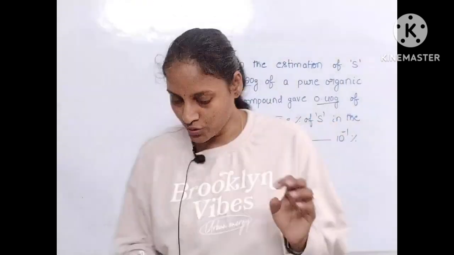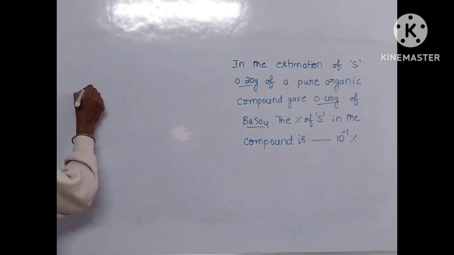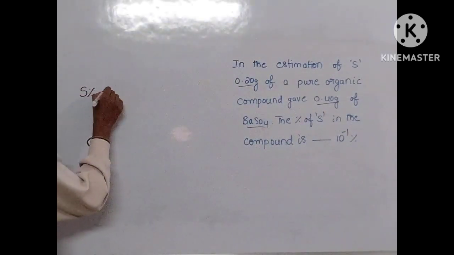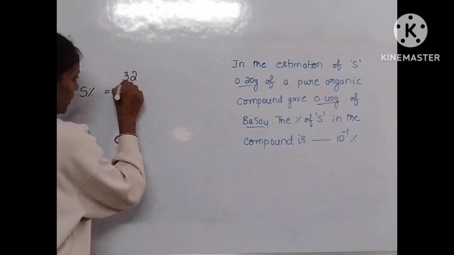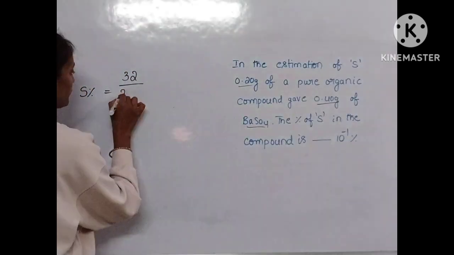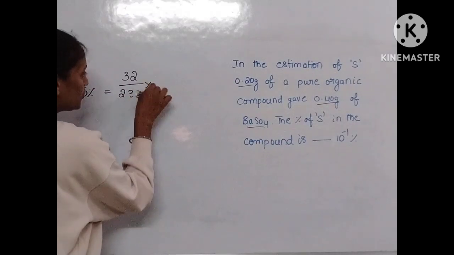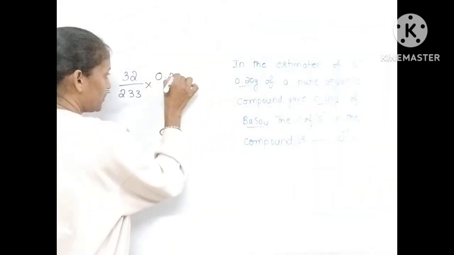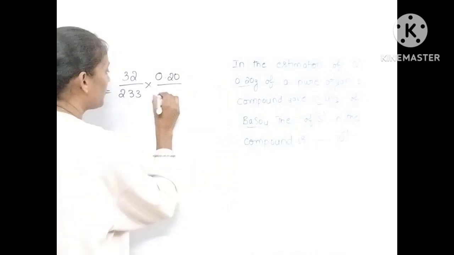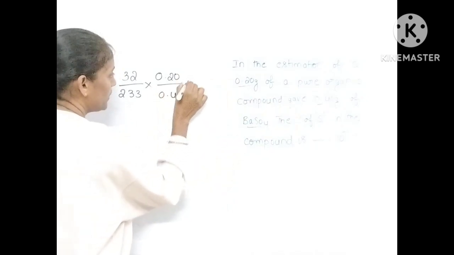Using the formula, percentage of sulfur equals sulfur atomic weight 32 upon molecular mass of BaSO4 233, into weight of BaSO4 0.40 grams upon organic compound weight 0.20 into 100.